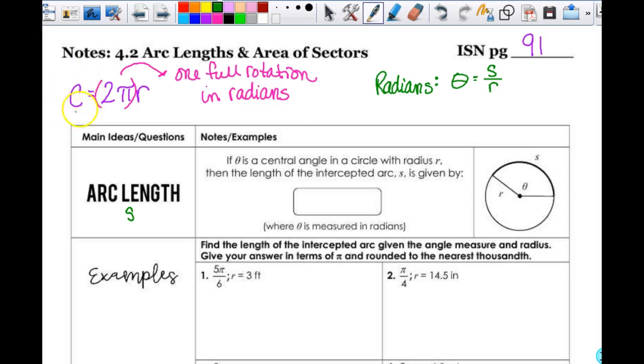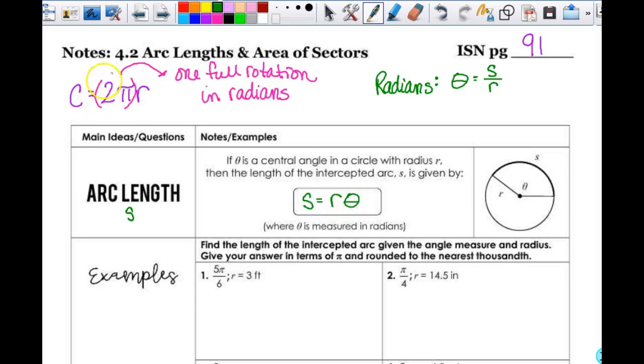Circumference is theta, which is 2 pi, the whole circle, times r. If all I want is a piece of the circumference, then my theta isn't 2 pi. It's whatever the radian measure is. Same thing here: if I solve for s, I can just multiply both sides by r. So my arc length formula is actually s equals r theta.